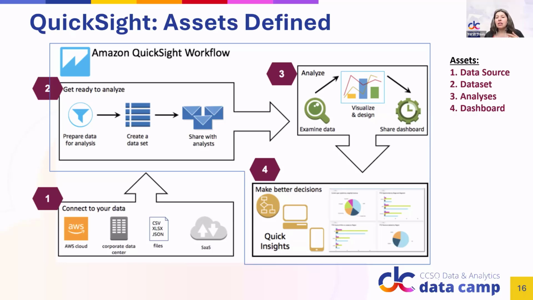The analysis has the actual access to the data sets behind it. So this is the key differentiator between a reader and an author: a reader only has access to dashboards, because analyses have direct access to the underlying data, not the filtered version of the data that's in the published analysis or the dashboard.